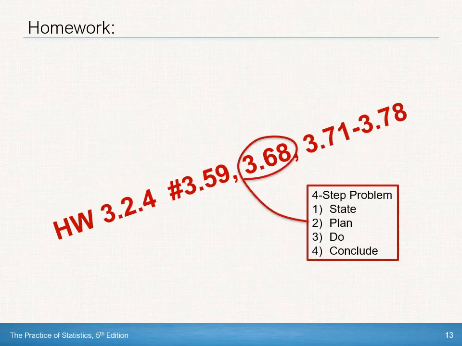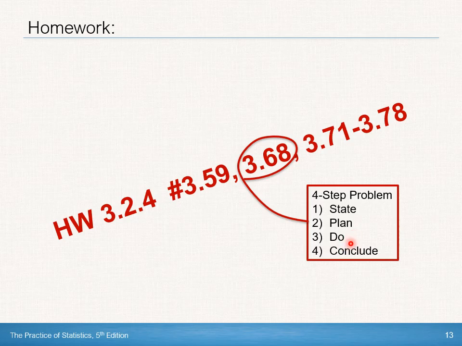All right, so this is the homework. There is one problem that requires a 4-step. So remember, you're going to restate the question that you're trying to answer. Say in your plan what you're going to do. You're going to make a scatter plot. You're going to make a residual plot. What kind of graph are you going to do to answer the question in number 1? Okay. Part 3, you'll actually do that. Create the scatter plot. Throw the data in.